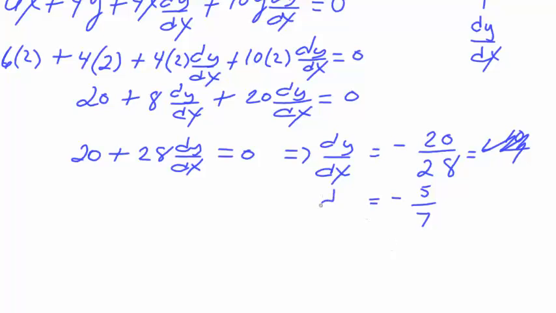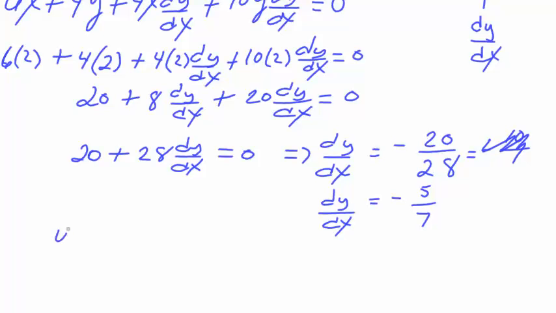So that'll be our simplified version of dy over dx. Does that make sense? So dy over dx is negative 5/7.